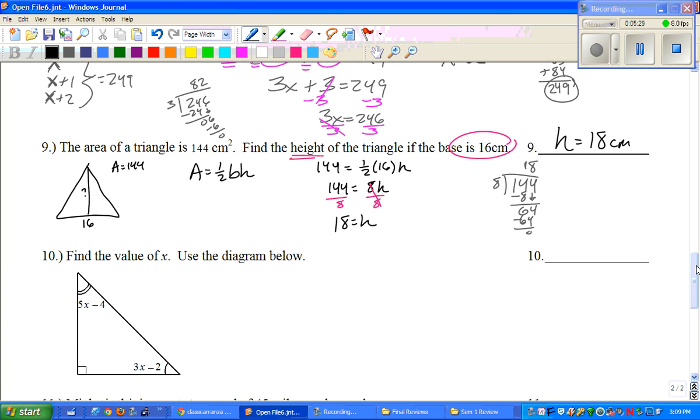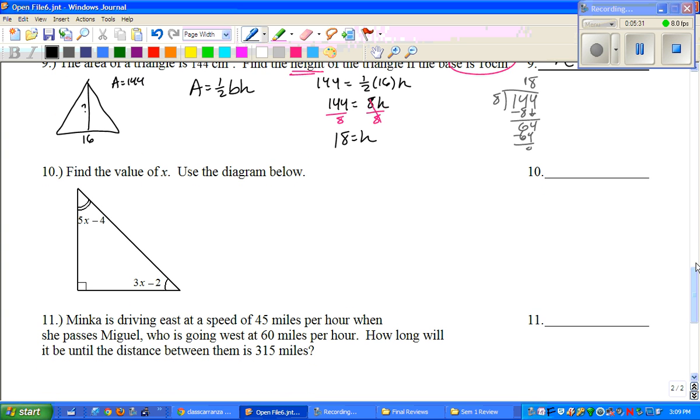Okay, for number 10, another little review, some more geometry stuff. Just find the value of x, use the diagram below. So inside, we know that a triangle equals 180 degrees. This guy right here is 90. So these two angles have to equal 90 degrees.